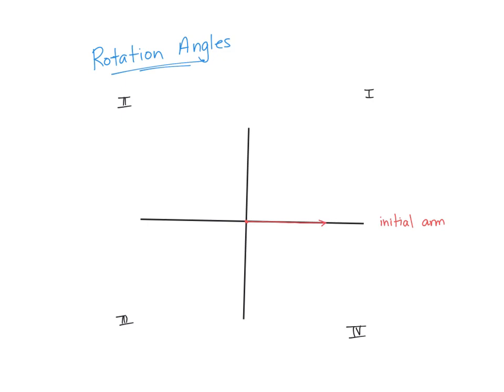So if I were to rotate through that first quadrant, I'm going to create an angle that is formed between my initial arm and what I call my terminal arm. And I can label that as theta. That angle that is formed between my initial arm and my terminal arm is called my principal angle.